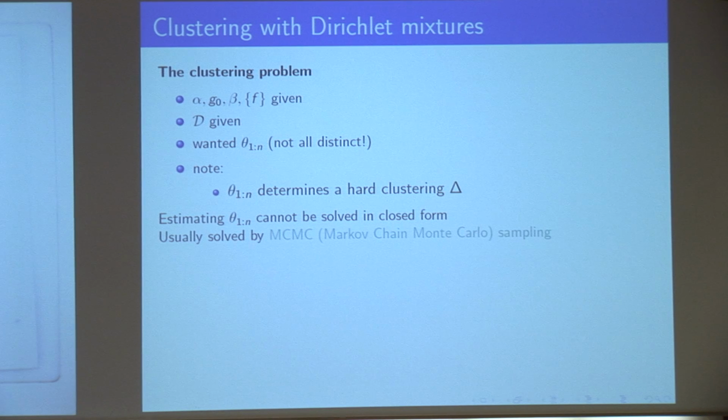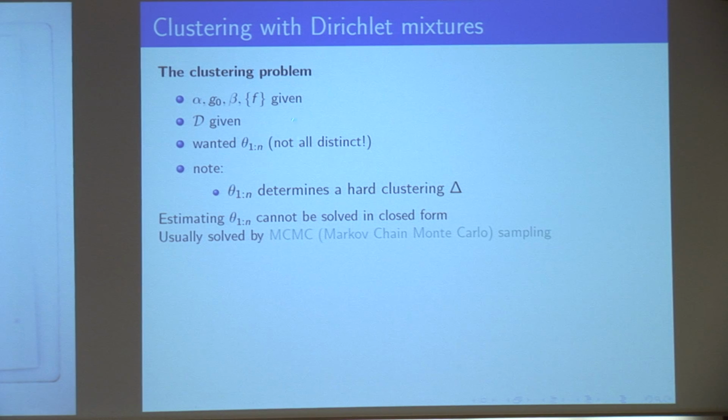Now, just like for the EM algorithm, if I am given a clustering, then I can estimate the thetas in a Bayesian way, and we'll see how. And the other way around, if I'm given a theta for each point, that tells me which cluster it is, because I can see which cluster has that theta parameter.